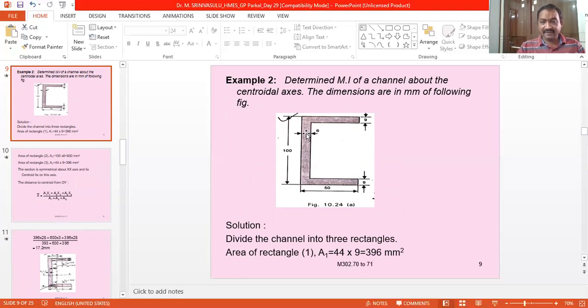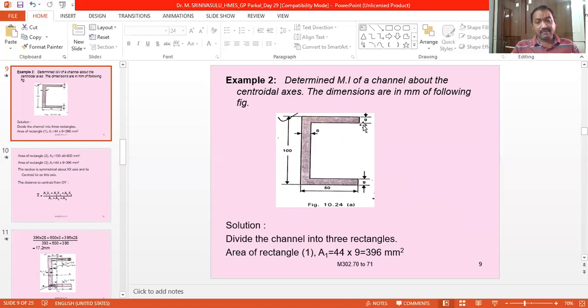Coming to rectangle 2, b2 is equal to 6 and d2 is equal to 100. For rectangle 3, b3 is equal to 44 and d3 is equal to 9. By substituting these values, we can also find the moment of inertia of the given channel section about the x-axis.